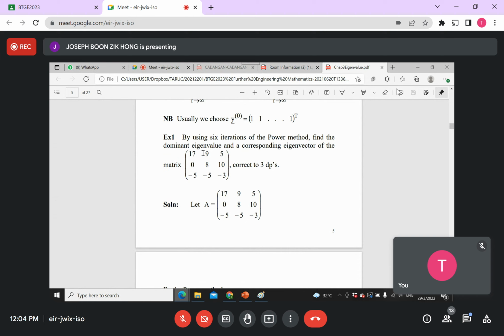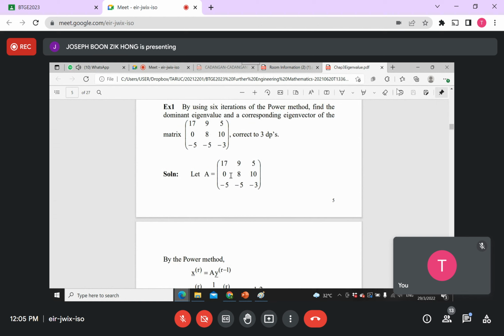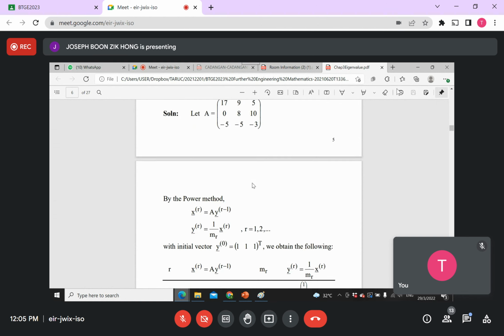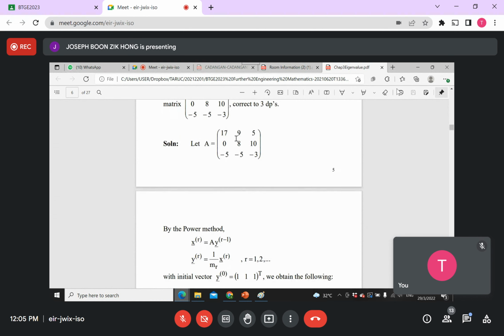With the power method you can only find the dominant eigenvalue; other methods, like the inverse power method, may find others. So how are we going to solve it? First we have this matrix 17, 9, 5, and so on. Then, by using the power method, sorry, one minute.